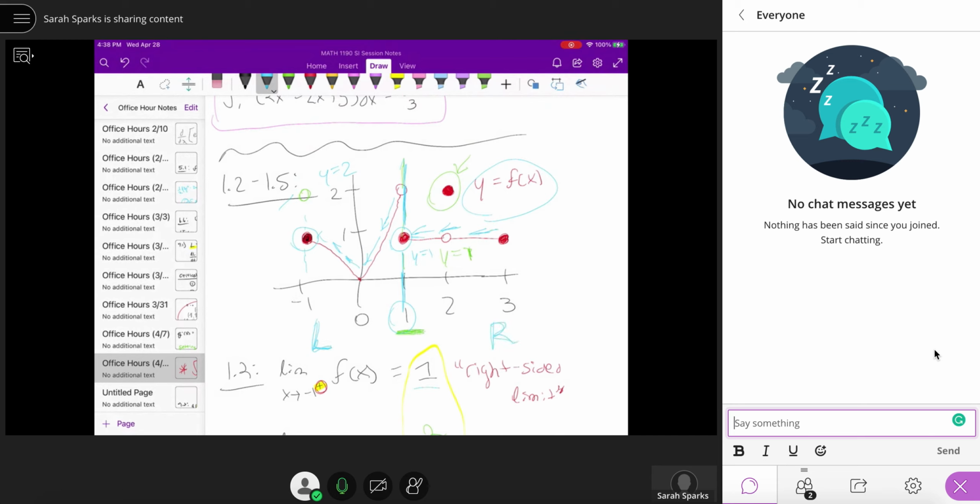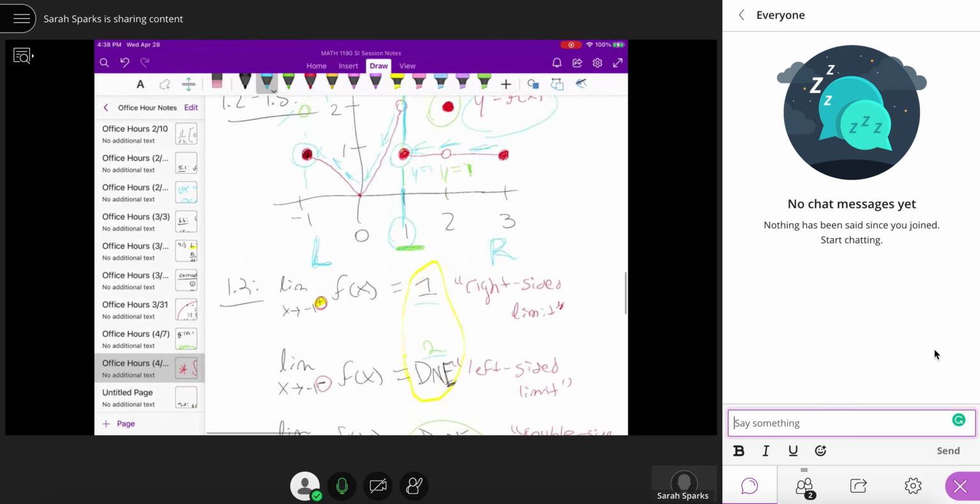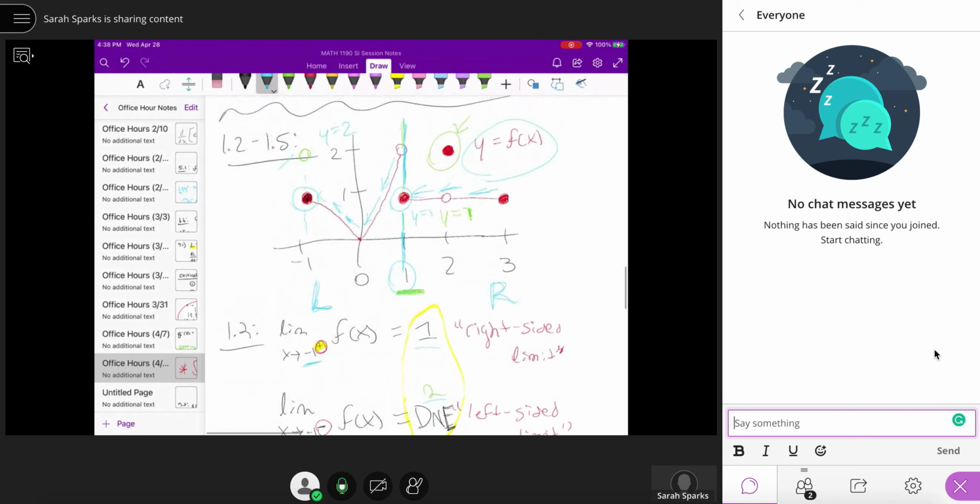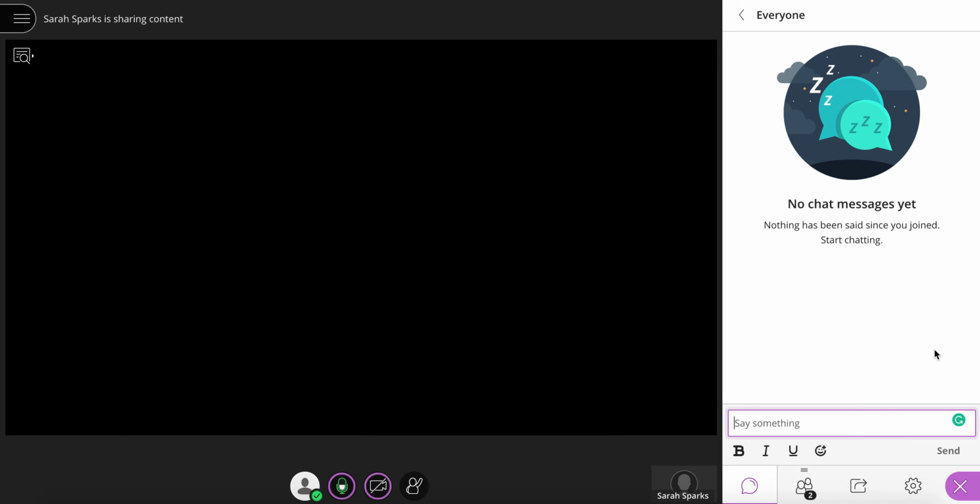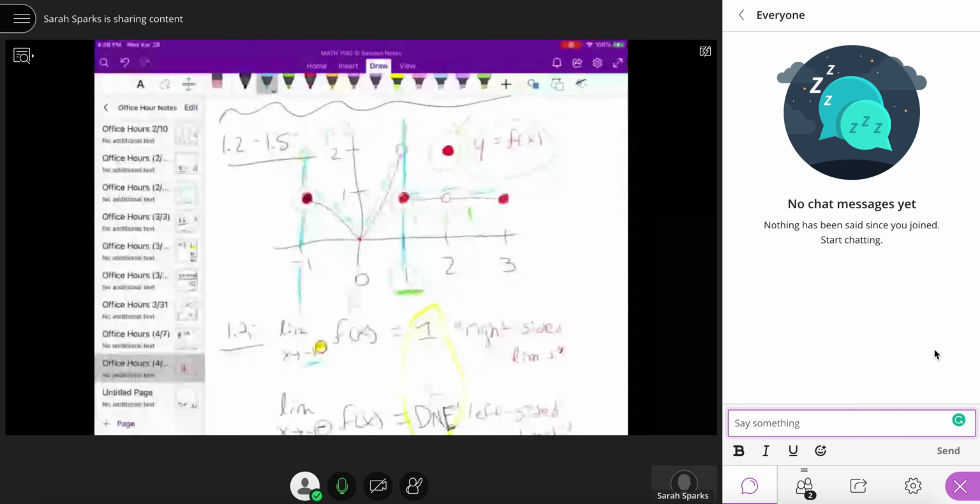And that'll change depending on what number you're looking at. If we were looking at -1, that line would move all the way right here, and then this would be the right side, and this would be the left side.